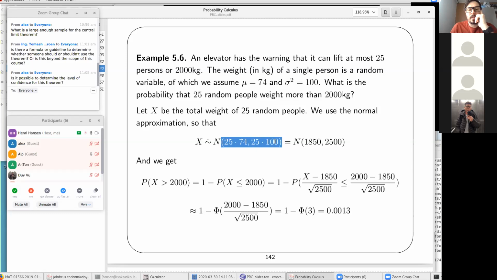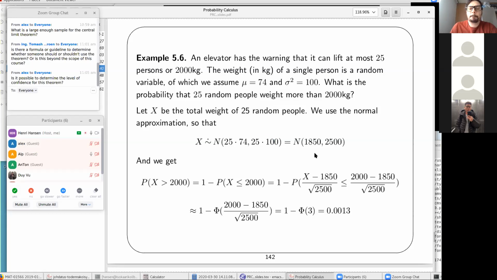And we get this expected value and variance here.